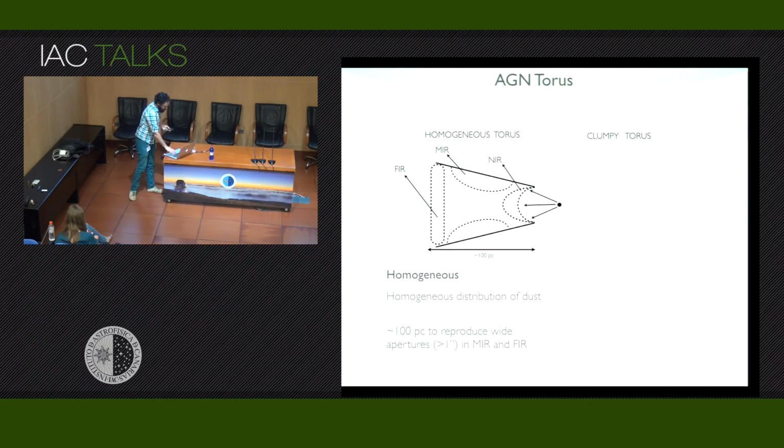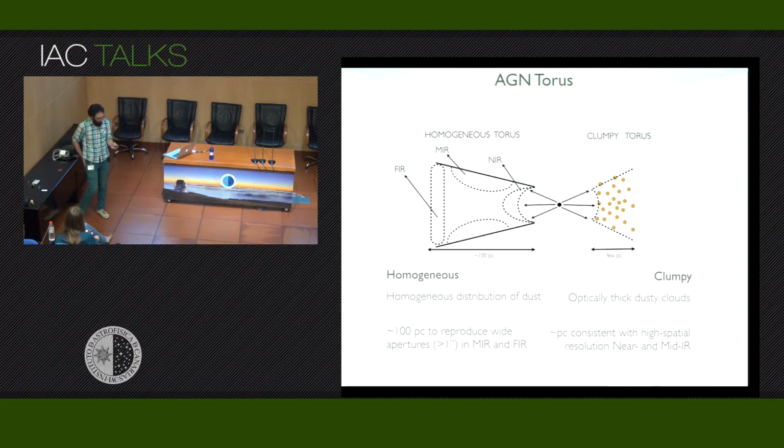Using high spatial resolution observations, we are not able to observe this 100 parsec torus. So the new model that people think is the correct one, and also physically more correct, is the clumpy torus. Rather than 100 parsec, it's a few parsec, and rather than homogeneous, the dust is distributed in clumps.